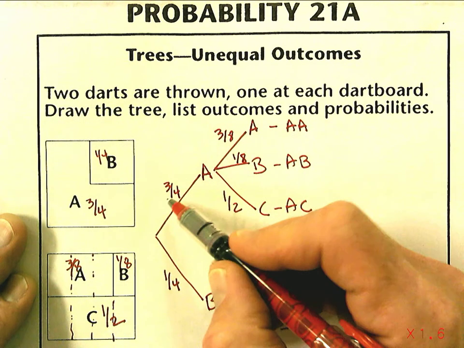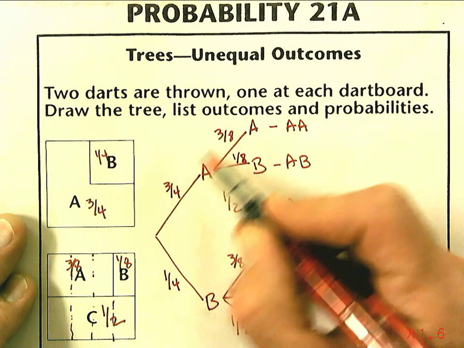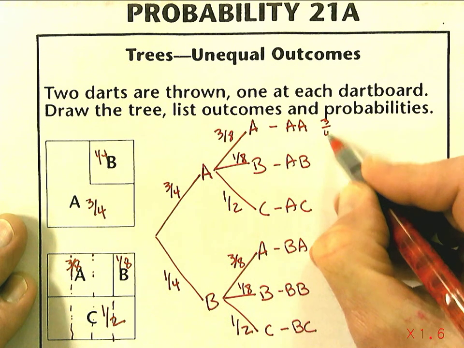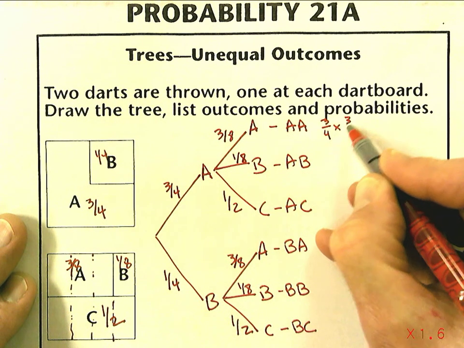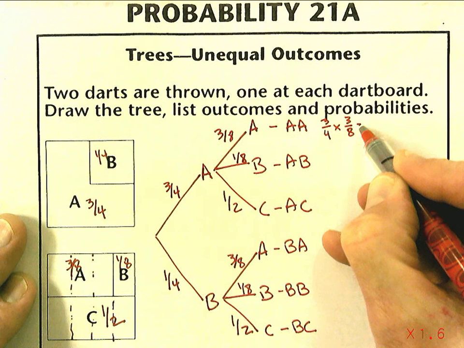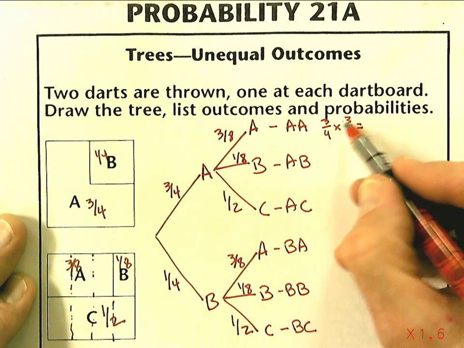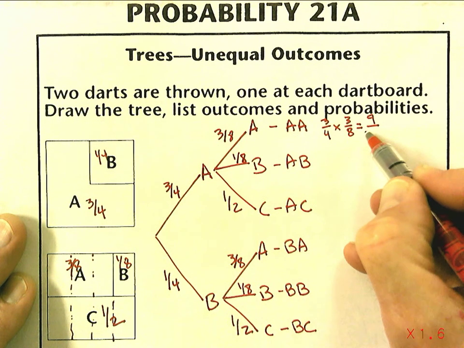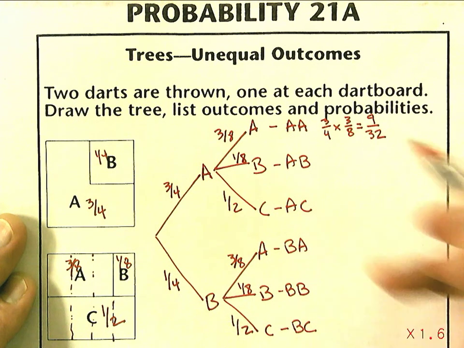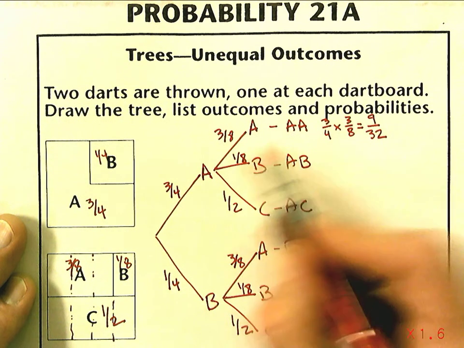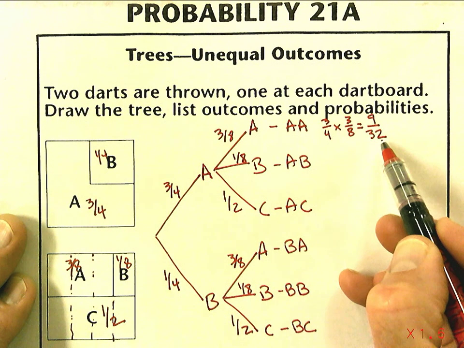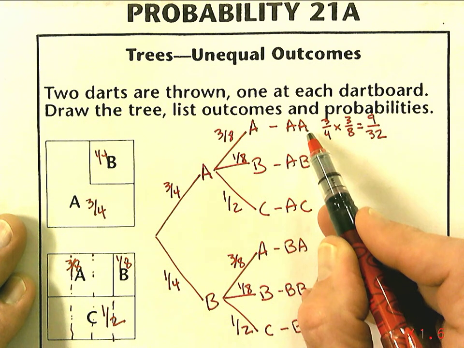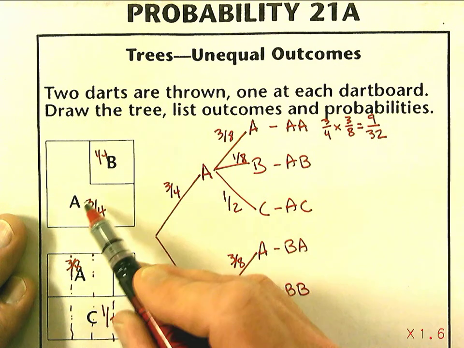So we're going to have to take each fractional part, in this case 3/4 for the first part, times 3/8 for the second part, and this will give us the actual probability, 9 out of 32, to get A then A. 9/32 is the probability of hitting A twice, this A and this A.